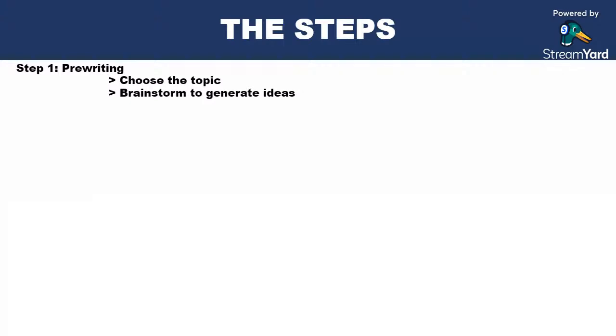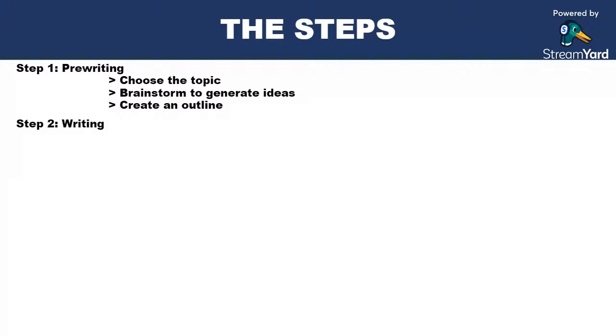Once you have chosen the topic, you think about it, and then you generate ideas that you are going to discuss in the essay. And then you create an outline. An outline is a list of the key points you are going to discuss in your essay. Those 3 things form part of your pre-writing step.